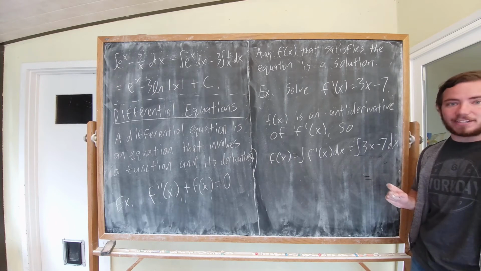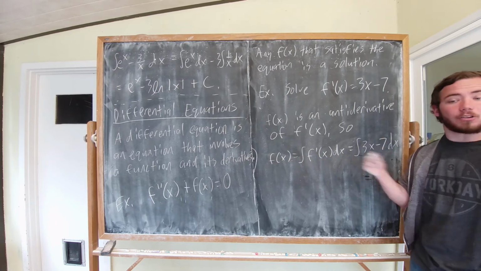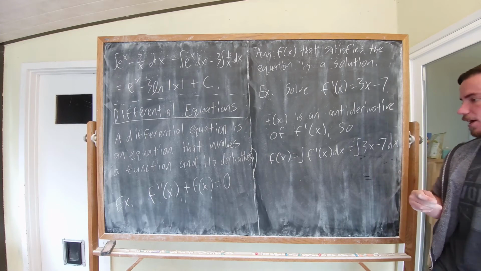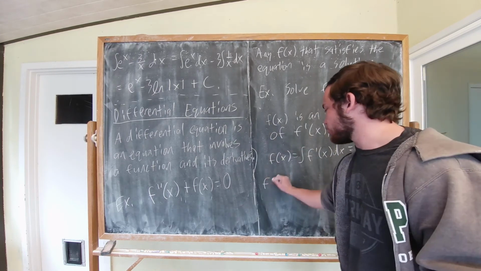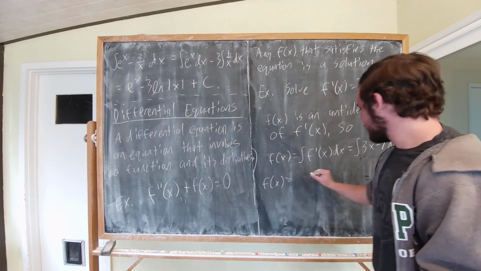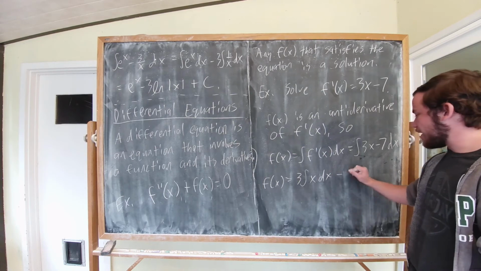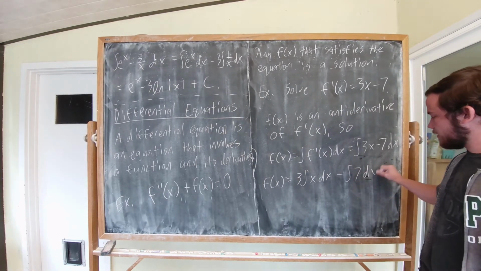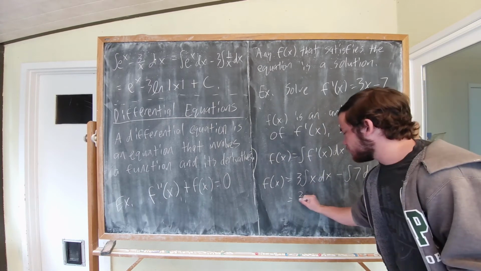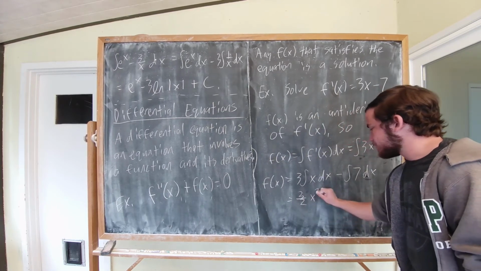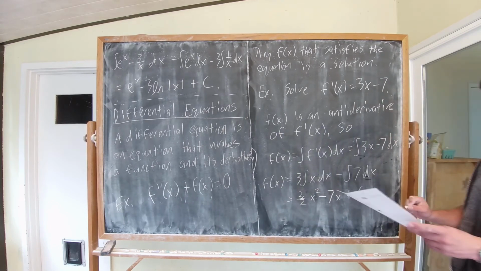We can just subtract it over whatever that constant was, and it'll all be a constant over on this side. So you only have to keep track of one thing at a time. But we know how to compute that integral. That's 3 times the integral of x dx minus the integral of 7 dx. That's x squared over 2, so this will be 3 halves x squared minus 7x plus c.